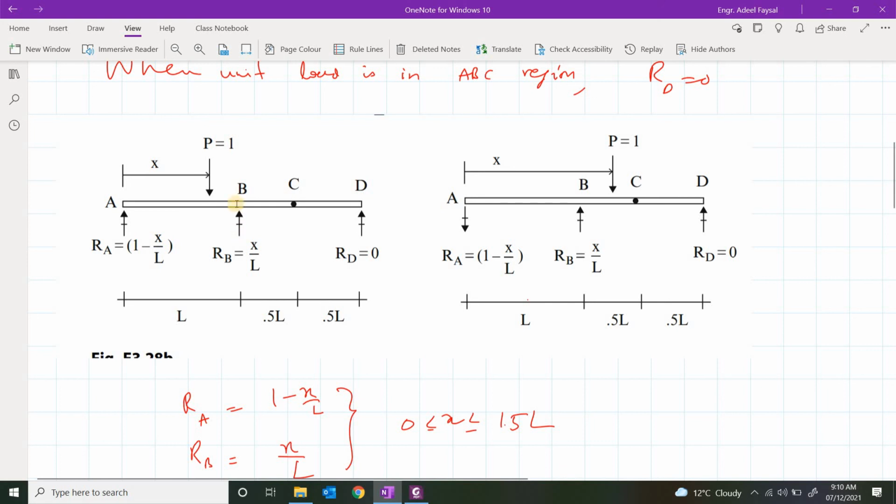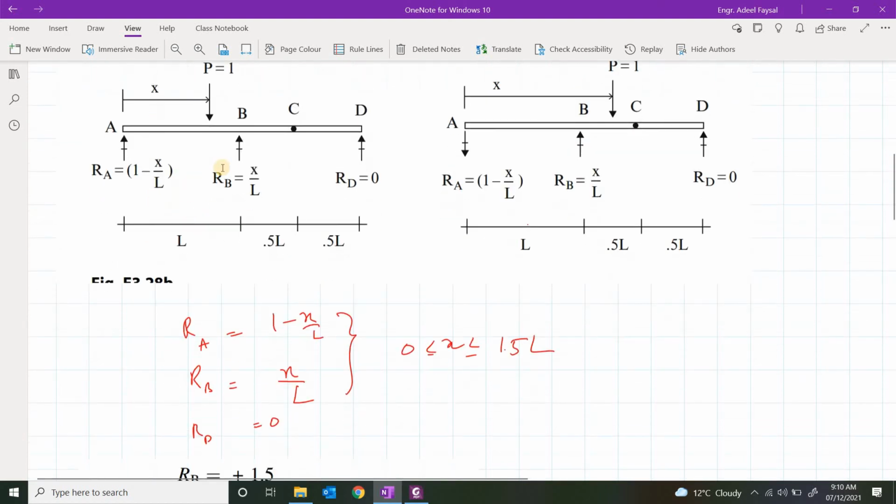For example, in this particular case, when the load is at distance x and it is in the AB region, you can see that there will be two forces. I'm not sure what exactly the equation should look like, but you can make an equation yourself.